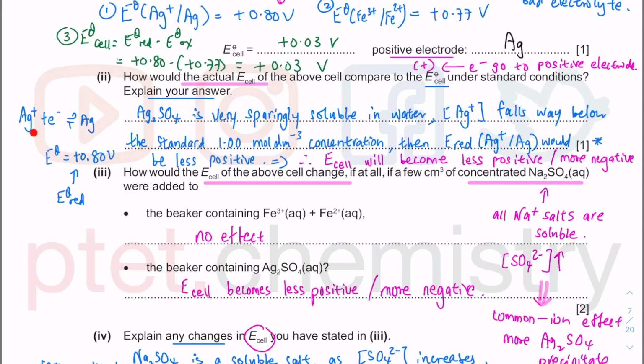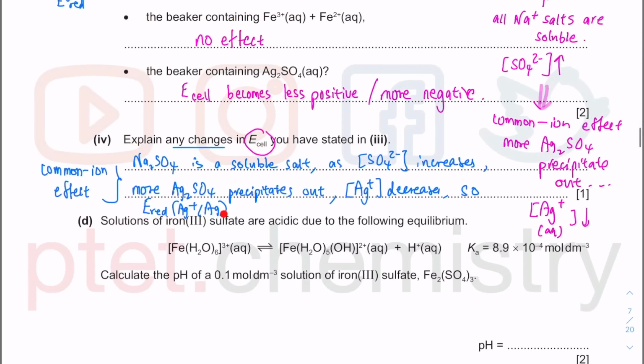Le Chatelier principle, counteract the change to try and increase the concentration of Ag plus, shift to the left, this one becomes less positive. So if the E red Ag plus Ag becomes less positive, the E cell will become less positive. Okay, so hopefully that makes sense to you. They're pretty stingy back then with just 1 mark for this long explanation.